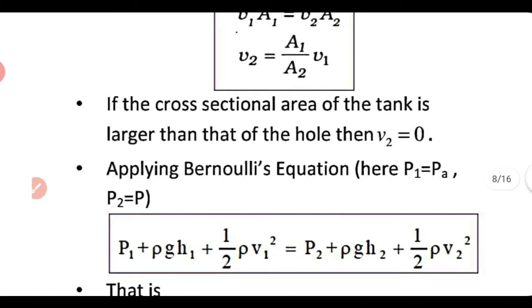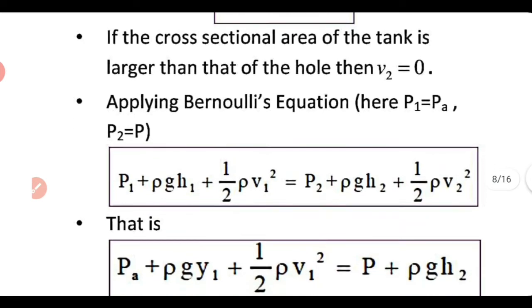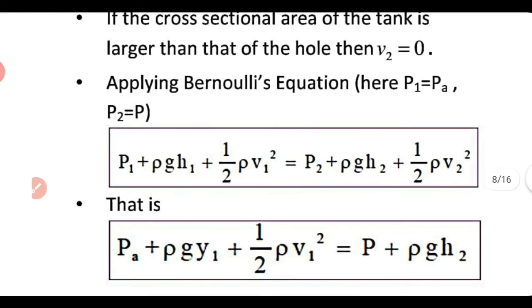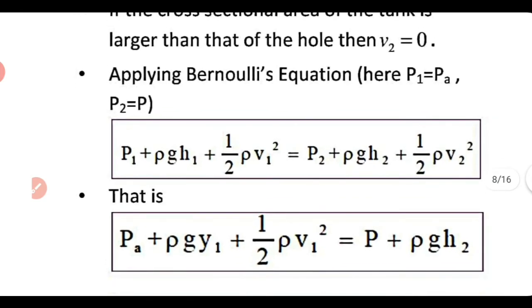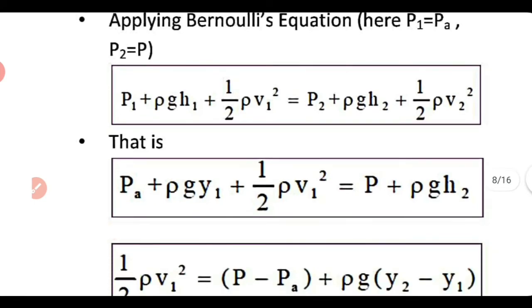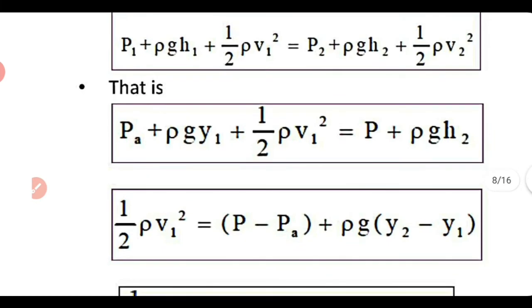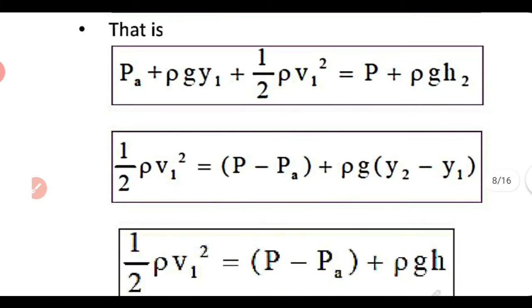Now using all these things in Bernoulli's equation, we substitute v2 equal to 0, P2 to be P, and P1 to be PA. So we have the expression PA plus rho g y1 plus half rho v1 squared equals P plus rho g y2. Now rearranging the equation, half rho v1 squared equals P minus PA plus rho g into y2 minus y1.